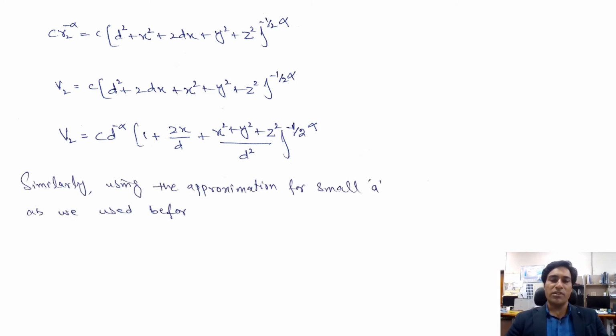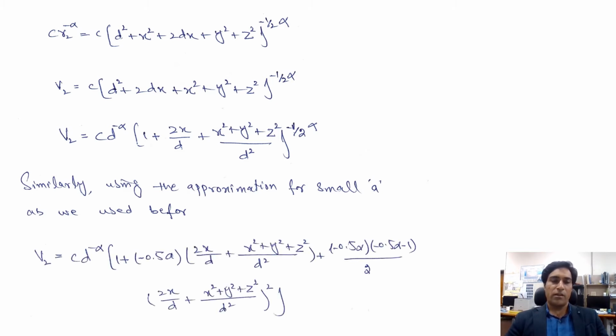Similarly, using the approximation for small a as we used before, we will get V2 is equal to c d minus a into 1 plus minus 0.5a into 2x over d plus x square plus y square plus z square over d square, plus minus 0.5a into minus 0.5a minus 1 over 2 into 2x over d plus x square plus y square plus z square over d square, the whole power square.